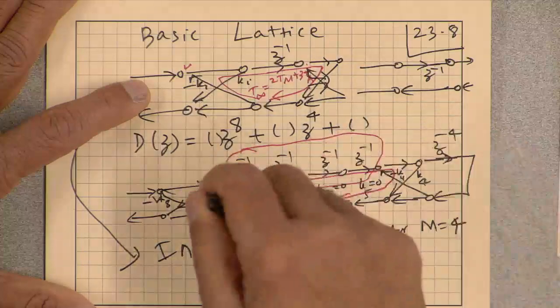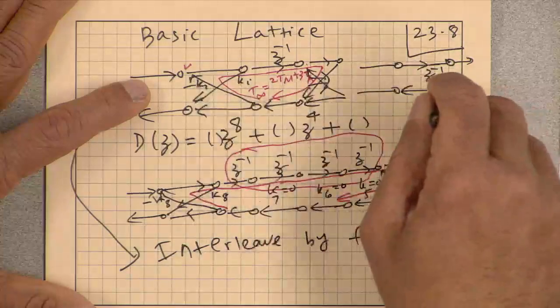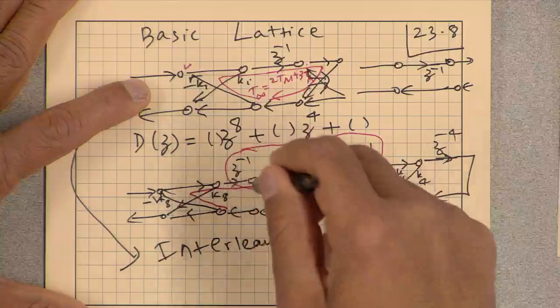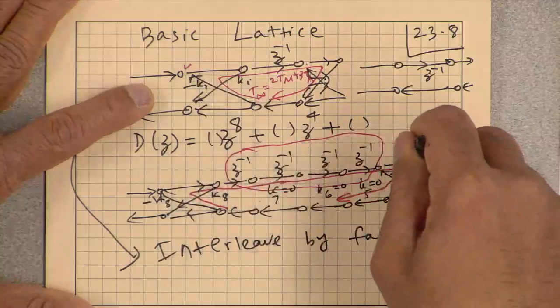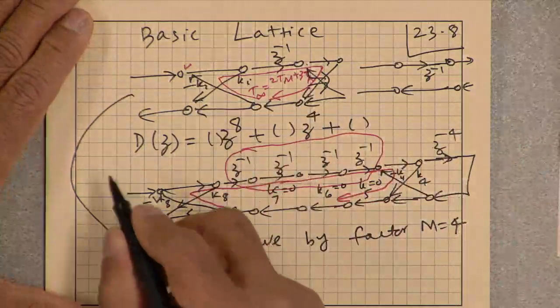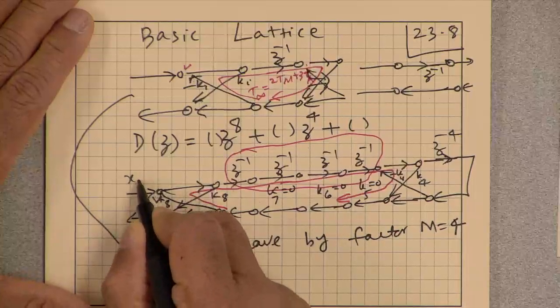So these k coefficients have nothing to do with the original transfer function. This is equivalent but a different transfer function. That's the first difference.